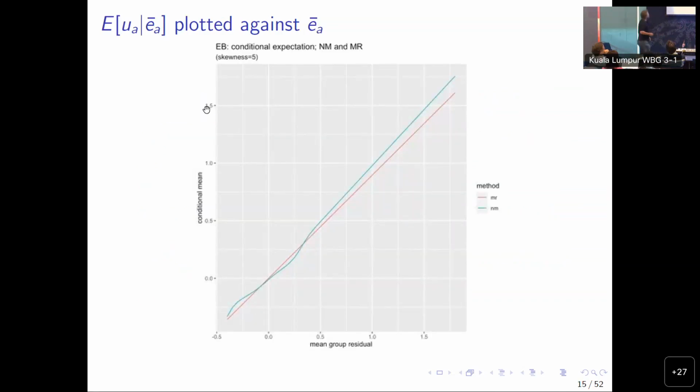The first thing I'm plotting here is the conditional mean of the location effect plotted against the average residual observed. The red line is what you get under the assumption of normal errors, and the blue line is what you get if you allow for non-normality.